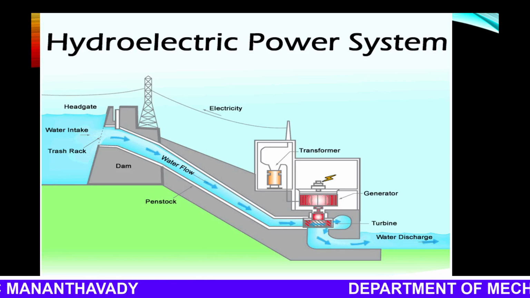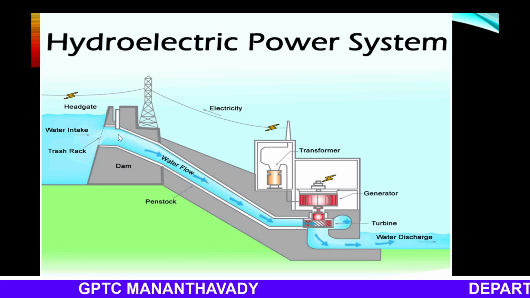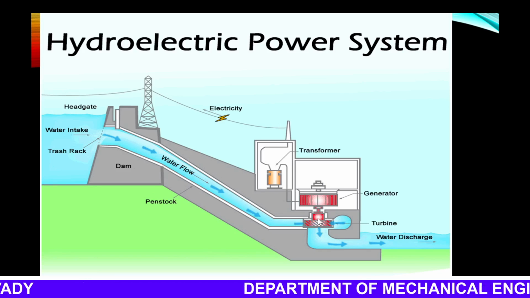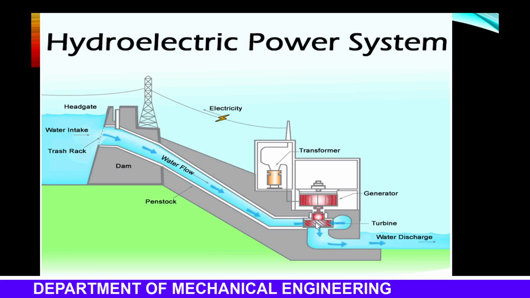And next is the tail race. Tail race is the channel which carries water away from the turbine. Here the water comes from the reservoir, flows over the penstock pipe and strikes the turbine, and work is done on the turbine.